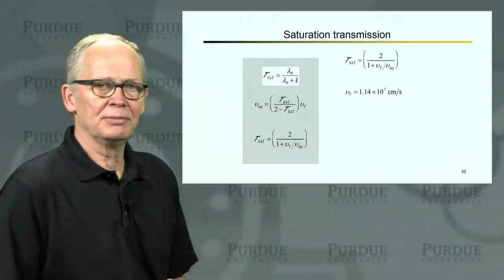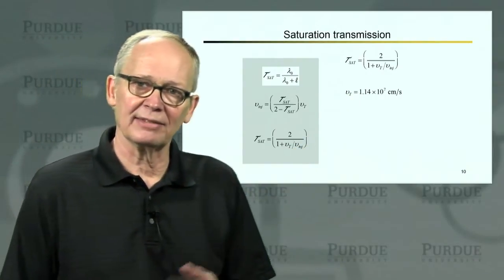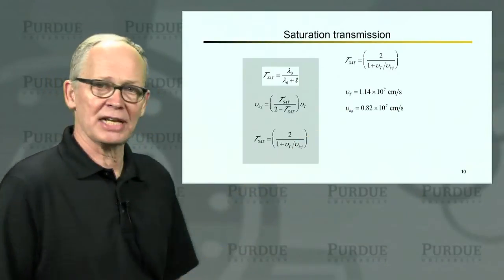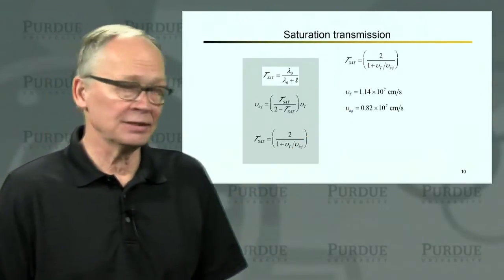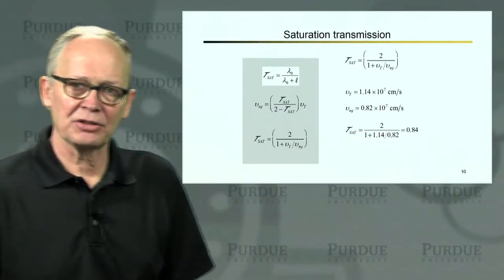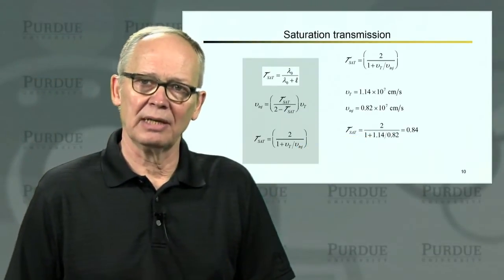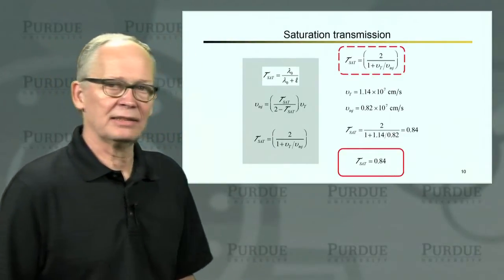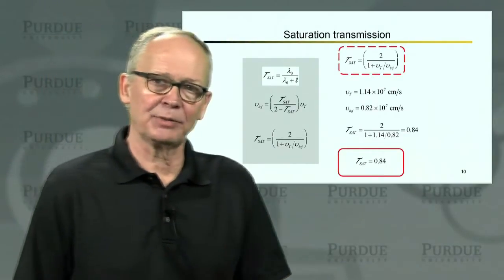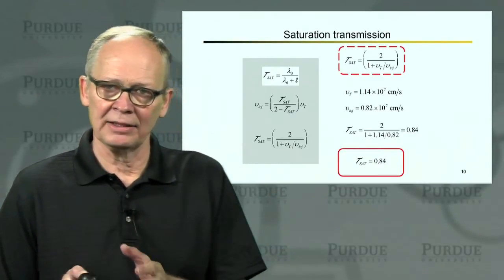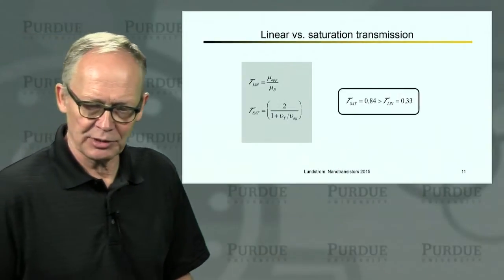We computed the thermal velocity from the effective mass of electrons in silicon. We extracted the injection velocity when we did the MVS fit. We put the numbers in, and we find a saturation transmission of 84%. Okay, so that analysis is easy to do. It's easy then to analyze experimental data and extract the transmission in the linear regime and in the saturated regime.